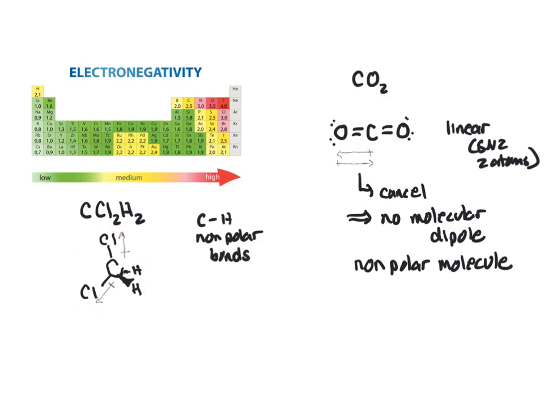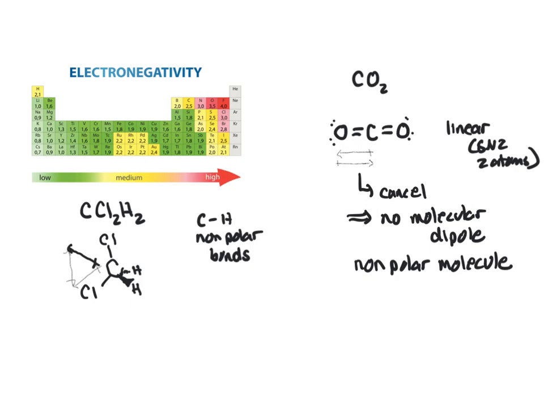Because I judiciously drew my tetrahedron such that the chlorines are in the plane of the paper, I now have an easier time actually seeing where this molecular dipole is. So I'm going to take one of my dipole moments and move its tail over to the head of the other one, and then I am going to draw my molecular dipole moment, tail to head.